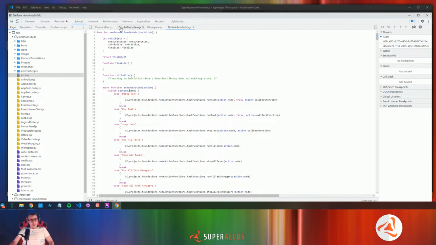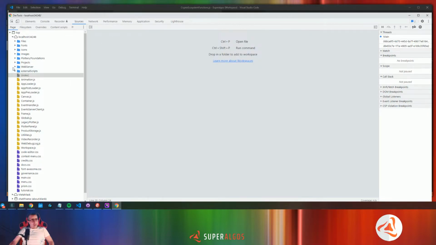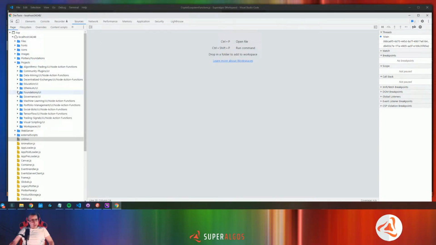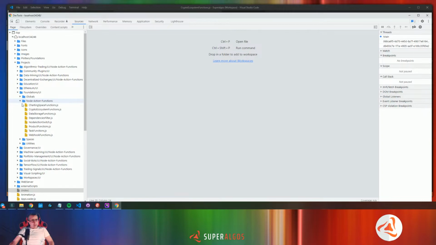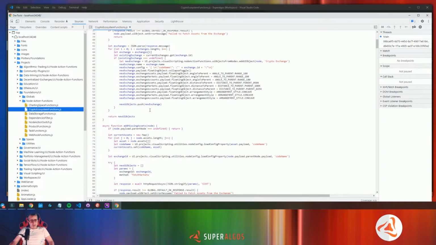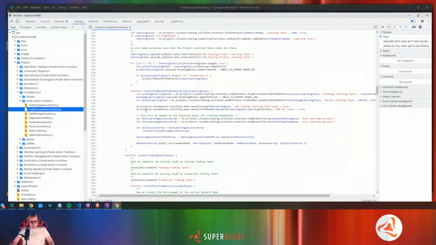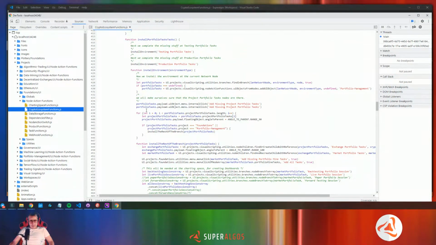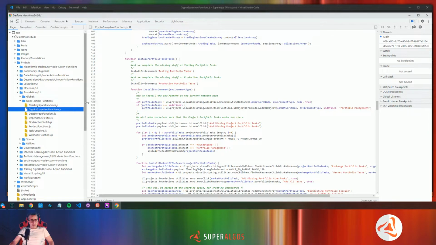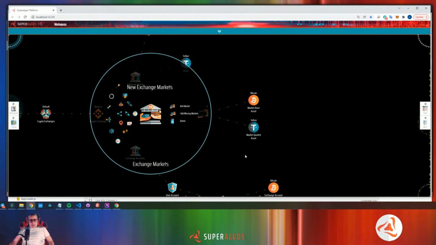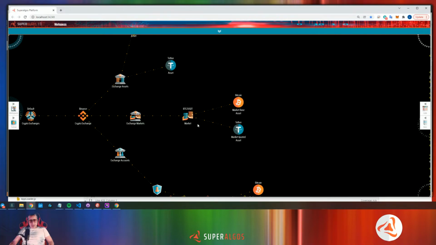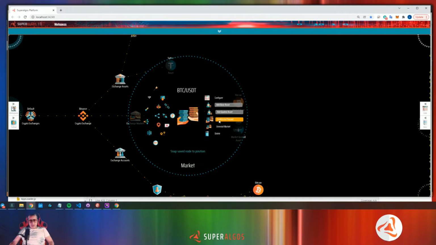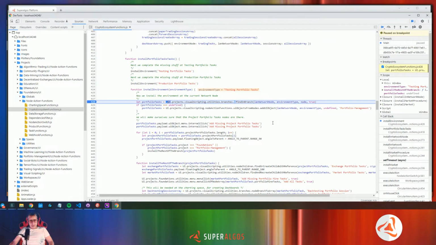So we can close all this. Projects, foundations, UI, node action function, crypto ecosystem function, 400. Okay, so we will start the market again. Start market. And here we are.